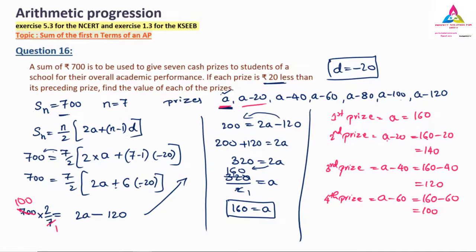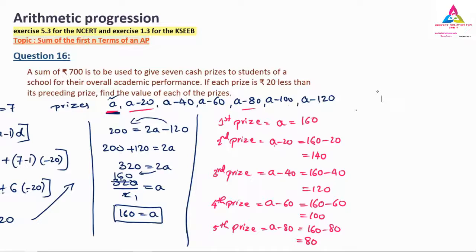You can write directly, because you know we have a 20 difference, or otherwise we can write it this way and find the answer. So 160 minus 80 is nothing but 80. Next, coming to the sixth price, a minus 100 is nothing but 160 minus 100, which equals 60.